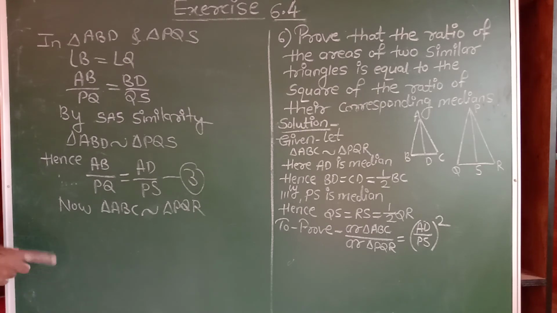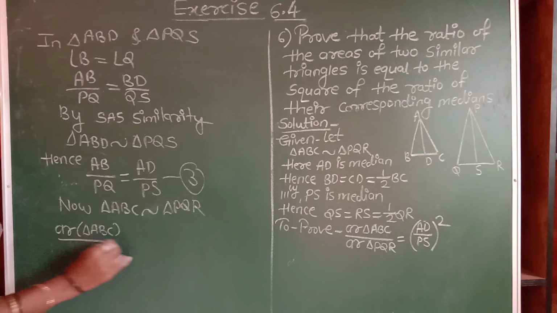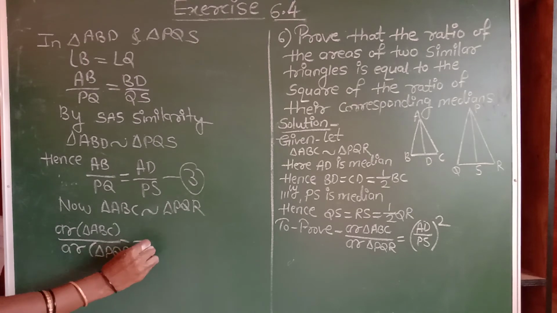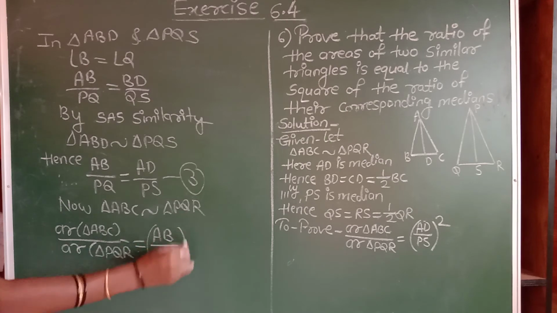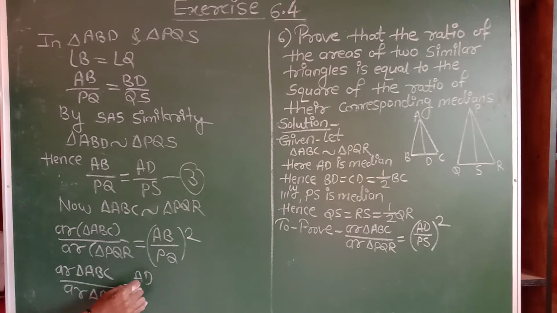We wrote this statement in the first example. Hence, area of triangle ABC divided by area of triangle PQR is equal to (AB by PQ) whole square, or equal to (AD by PS) whole square. Hence proved.